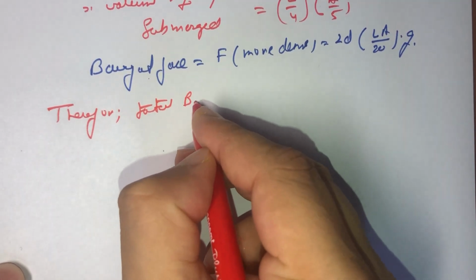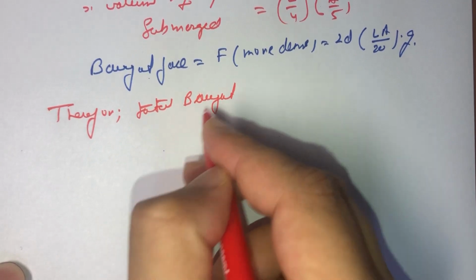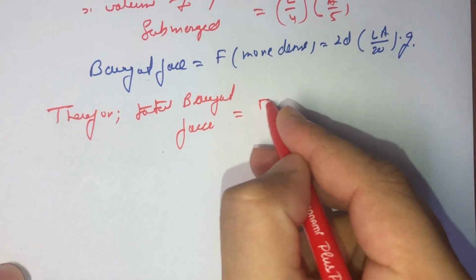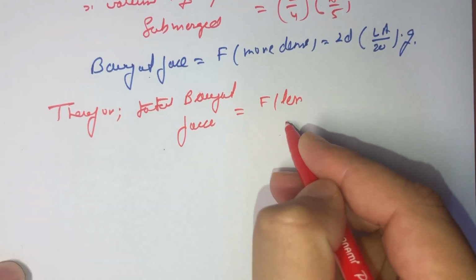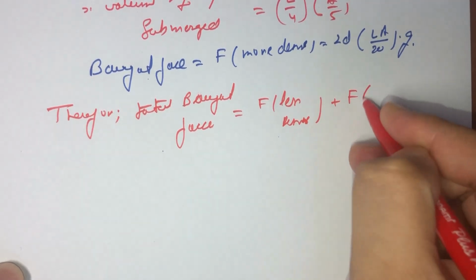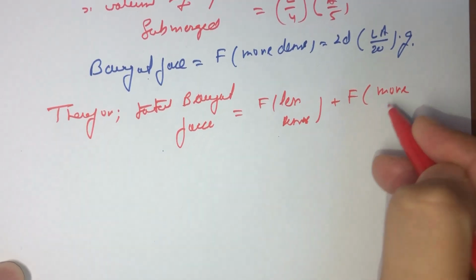Total buoyant force will be equal to F less dense plus F more dense.